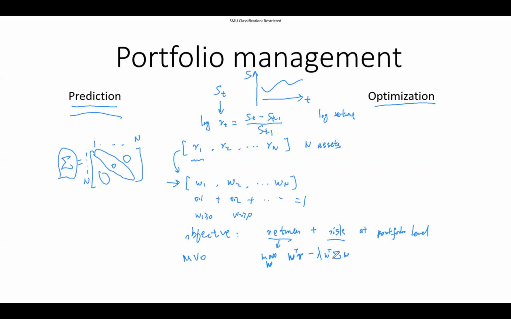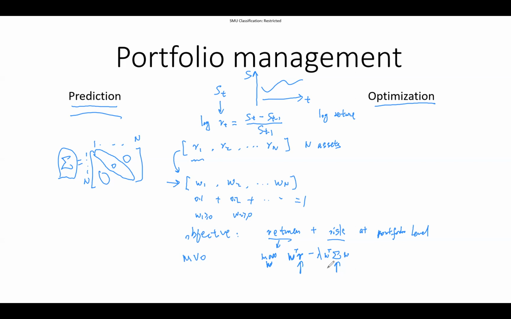So this is our final objective. W is the variable we want to change such that this whole term is maximized, but there are two terms that need to be fixed. One is R, which describes the expected return of the individual assets, and one is the covariance matrix.